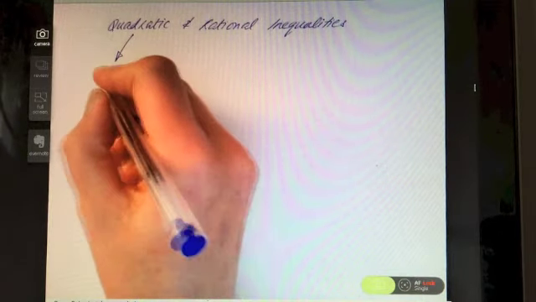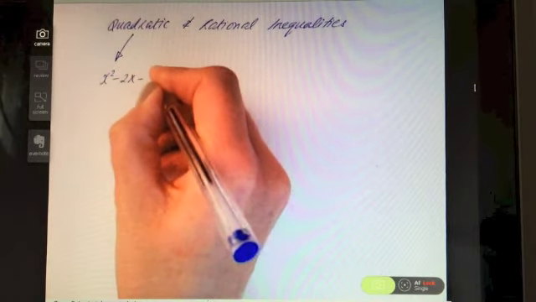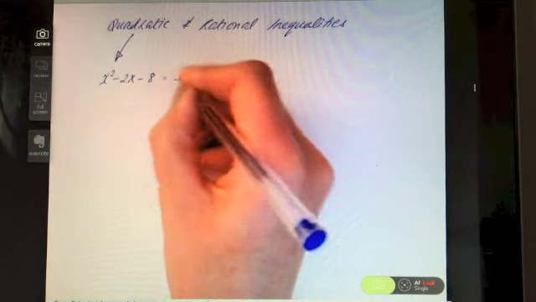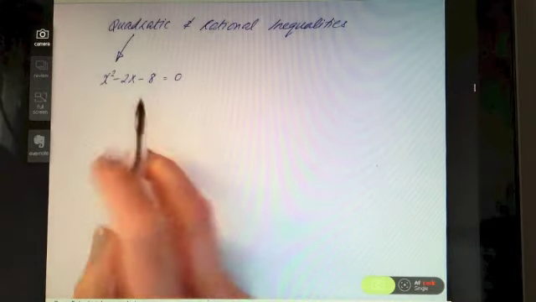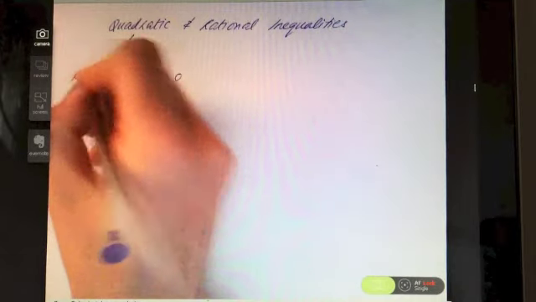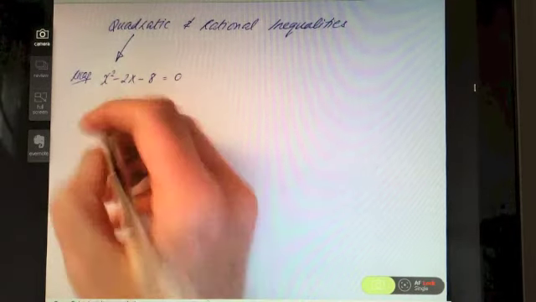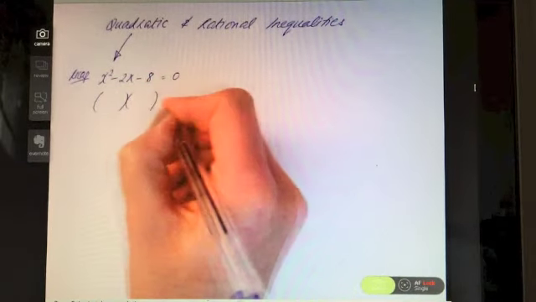Okay, so let's take the quadratic x squared minus 2x minus 8 equals 0. Your two options for solving are the minus b formula or to factorize. I'm going to factorize to solve this.